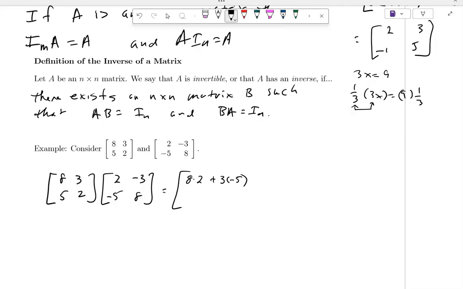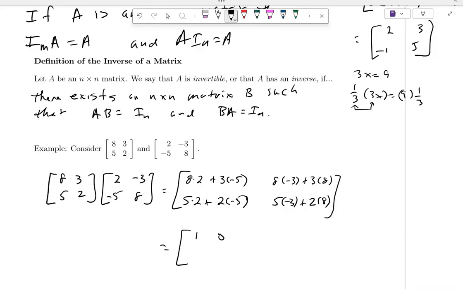That's the first entry. The next one will be 8 times negative 3 plus 3 times 8. The next one is 5 times 2 plus 2 times negative 5. And the last one is 5 times negative 3 plus 2 times 8. If you simplify that, I get back to the identity, right?